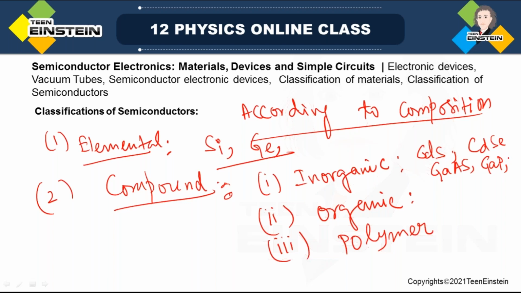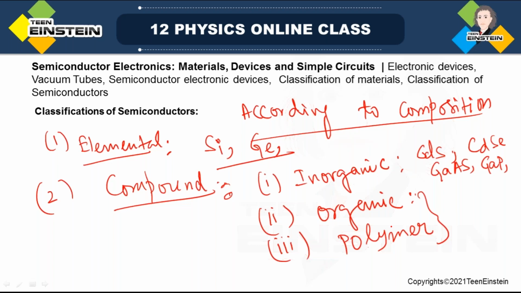Those are inorganic compounds. Organic polymers, actually these are called organic polymer together.